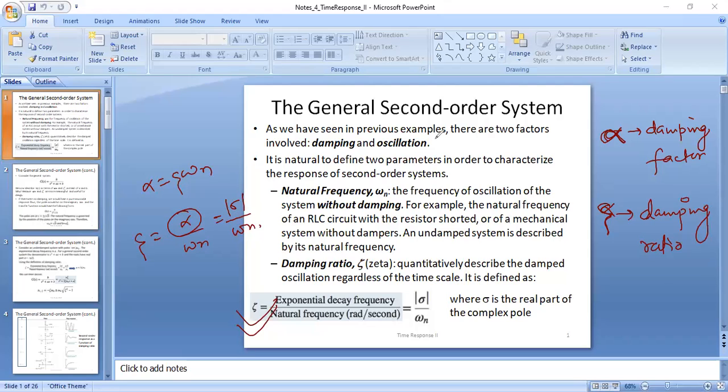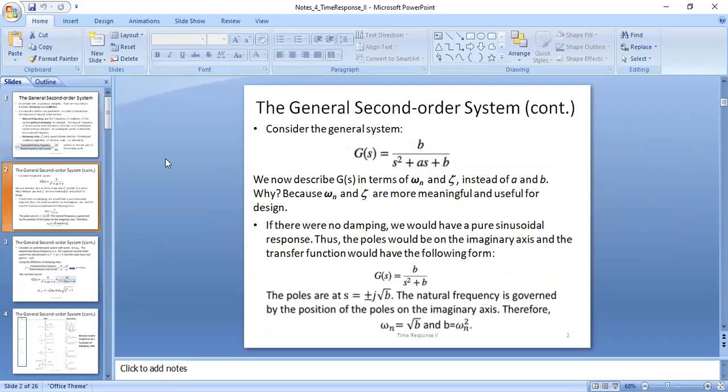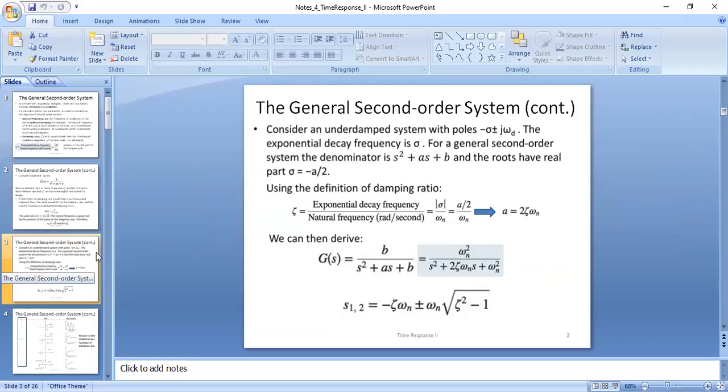Do I have to memorize this formula? Let's see, I will tell you. Here we already discussed all these parts. I did not teach you this slide before.